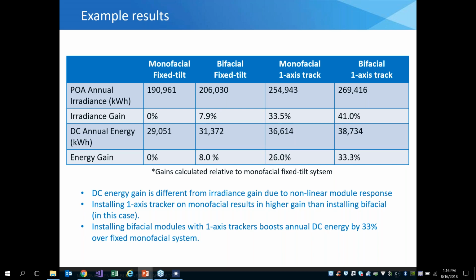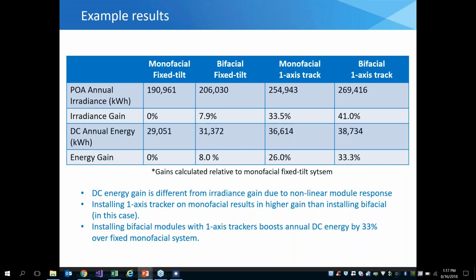If instead of a bifacial system you install just a one-axis tracker on the monofacial system, you get quite a larger boost of about 33%, and that translates to a 26% energy gain, simply because the DC energy gain is different from the irradiance gain due to nonlinearities in the module model.